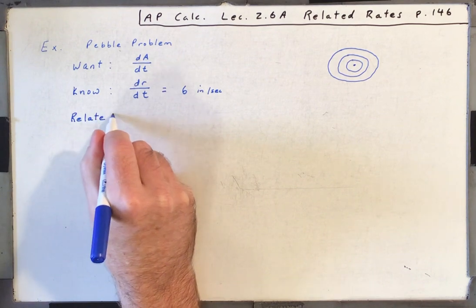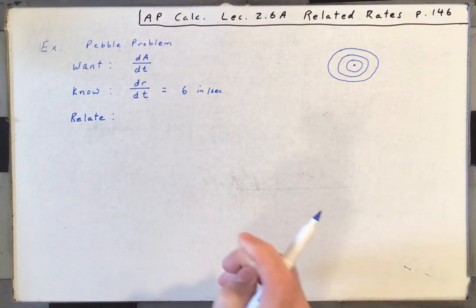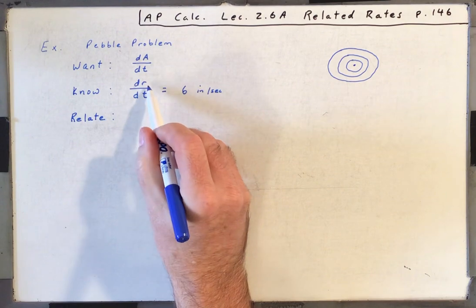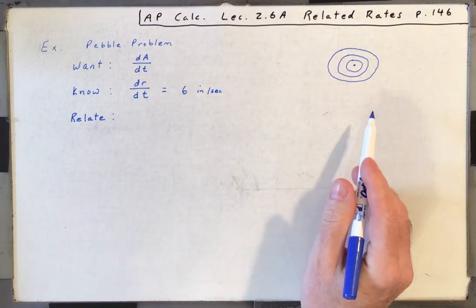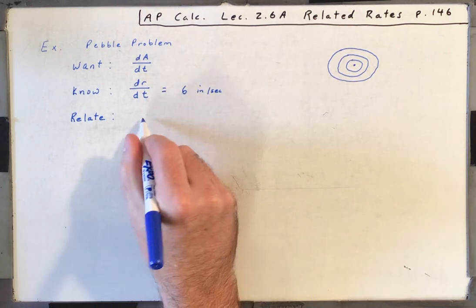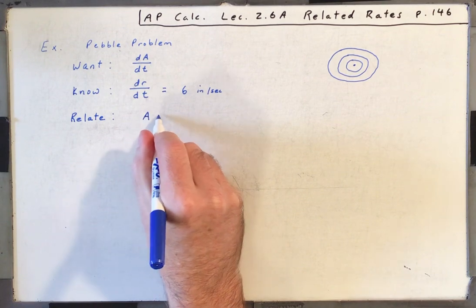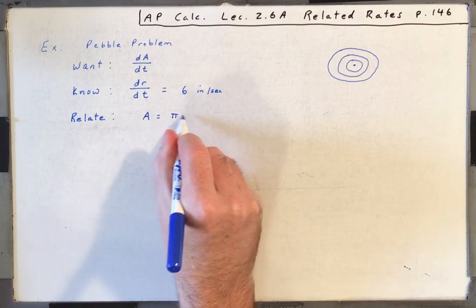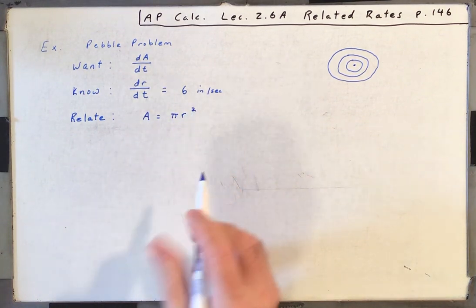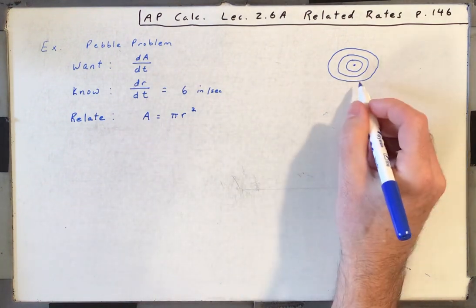Well, we want area, we know radius. We're going to use area equals pi r squared. That's the area of a circle, and these are circles, right?